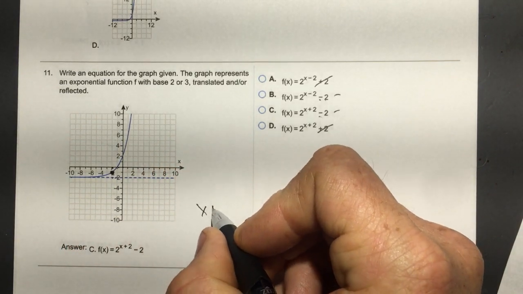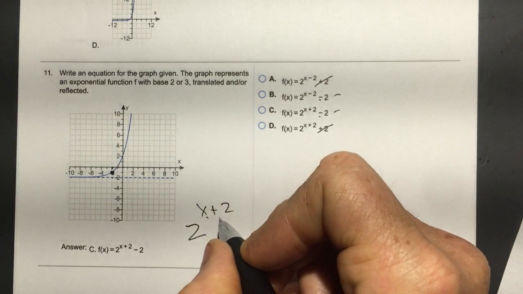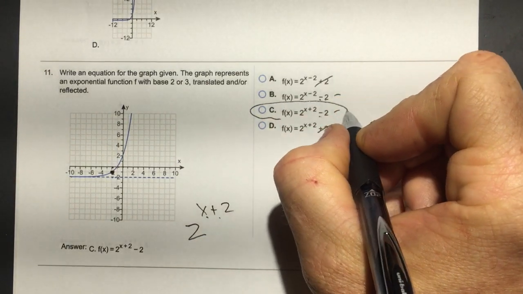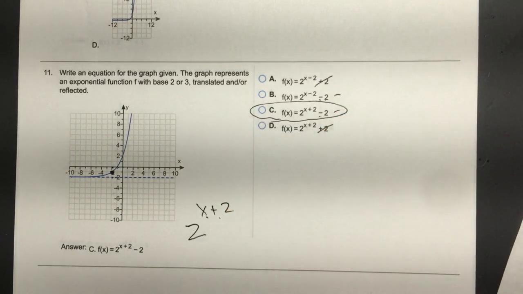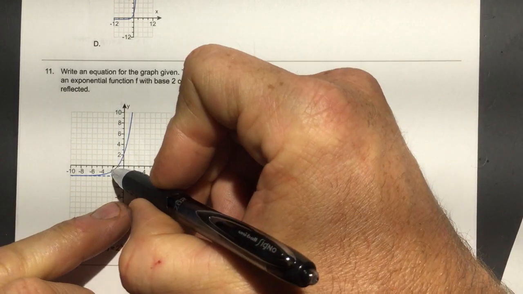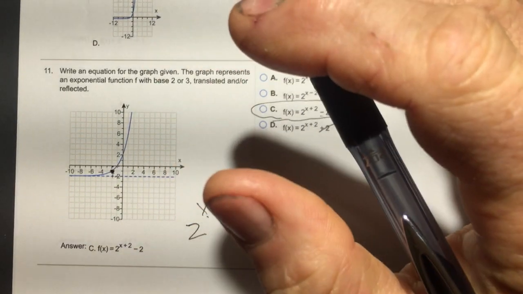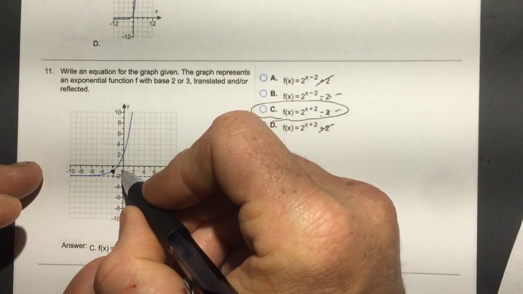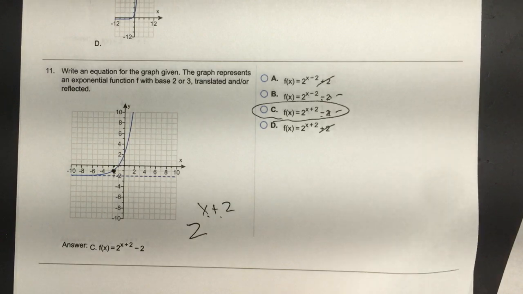I should have x + 2. I should have my base with x + 2, which looks like C right here. C is my answer. So the asymptote being down 2 tells me it's one of these two. And then this one point that's up 1 from the asymptote, that's what I'm focusing on. And you can see it's shifted back to the left 2. So C would be my answer there.